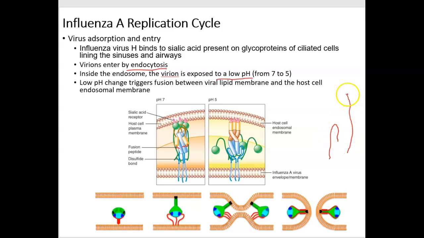The hairpin unfolds, and then it folds back and it brings the two membranes together. So this is a picture I took from a paper. You've got the hemagglutinin here, or the spike protein here. At the low pH, it pops out of its hairpin. It inserts the fusion peptide into the endosomal membrane, and then it clamps back, and it causes fusion of the viral envelope and the endosomal membrane.